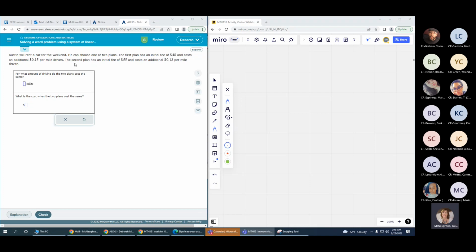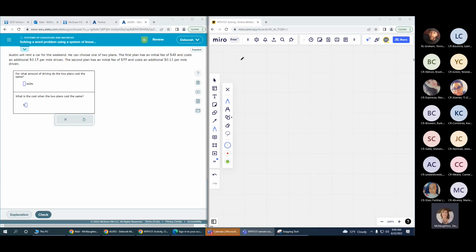So first of all, we need to figure out how much it costs to rent the car. So the first plan, I like to use variable names that make sense, so I'm going to call it cost.